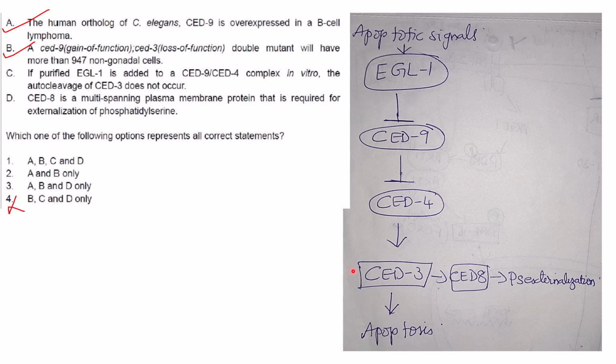Autocleavage of CED3 will occur. So it should be that autocleavage of CED3 occurs, not that it does not occur. So C is an incorrect statement. So that means option 1 is gone. Now we have to see whether D is also correct.